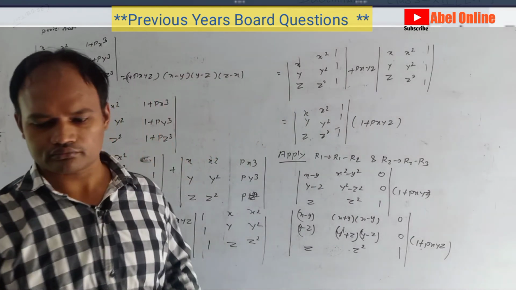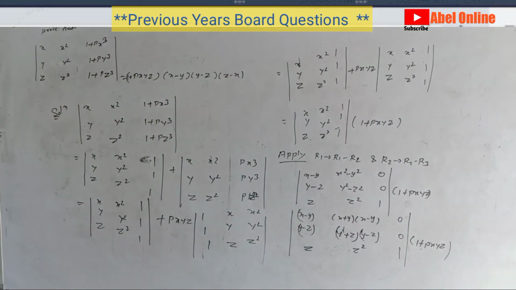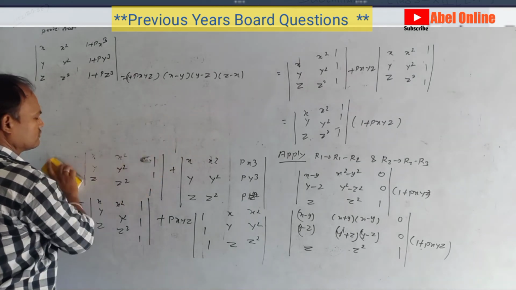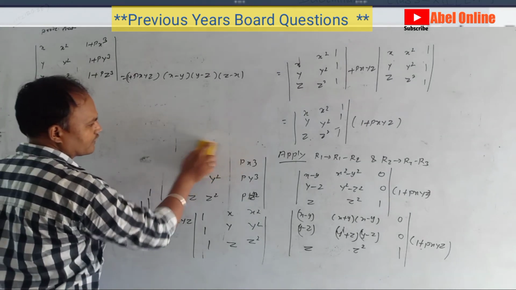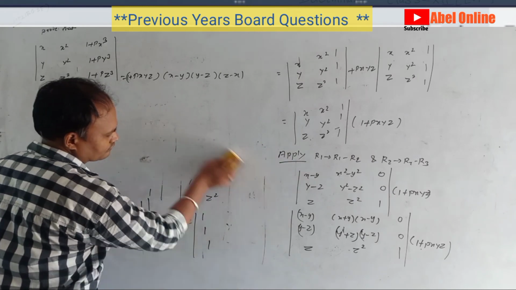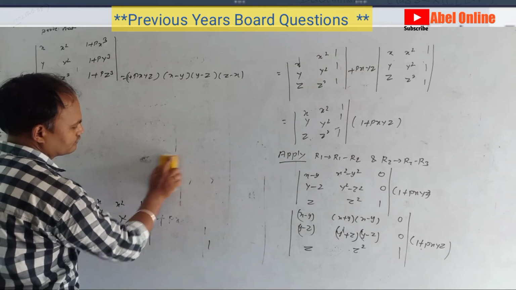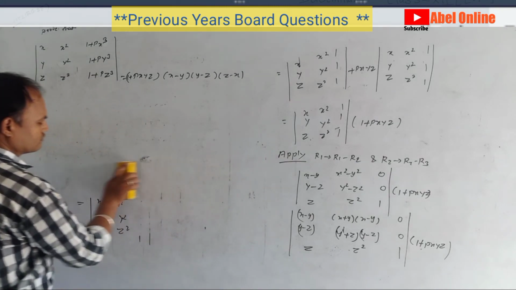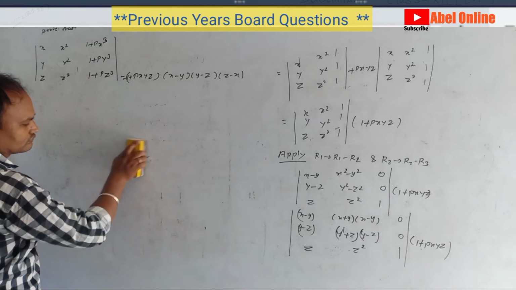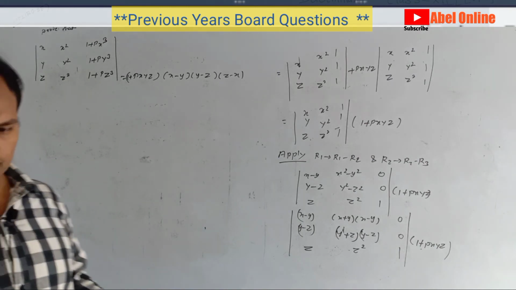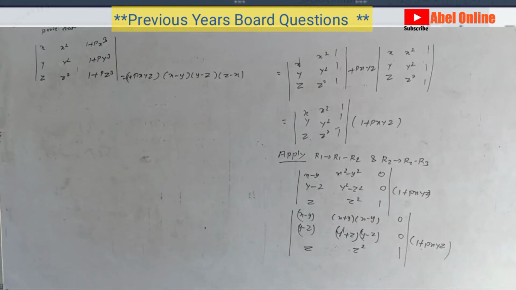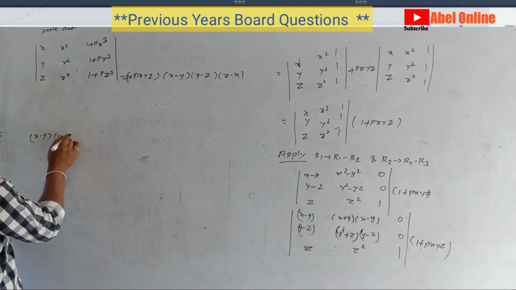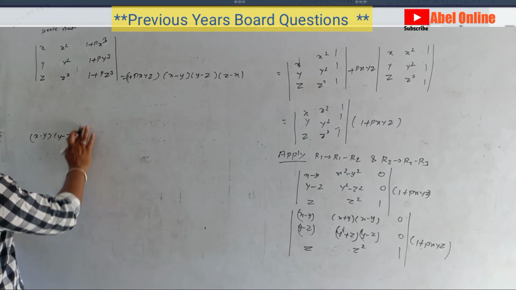Now what we have to do, just think. x minus y and y minus z are common, and 1 plus p x y z is also common.